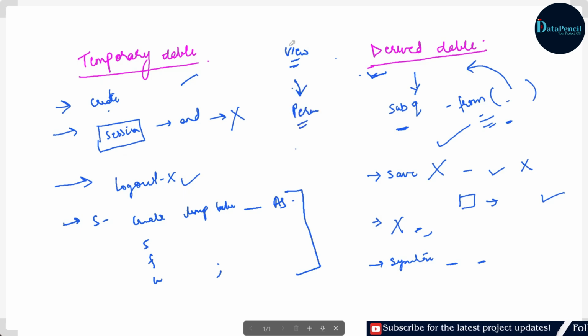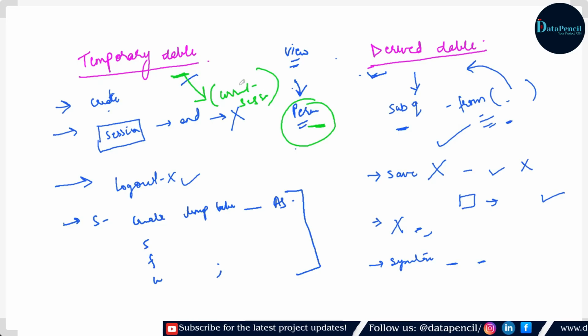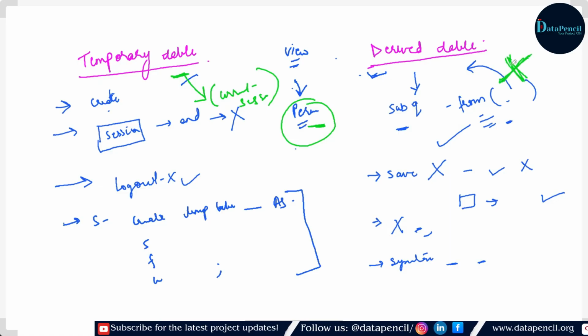In the temporary table, we can store the table for the current session only. And for the derived table there is no storage. We simply use it for that particular query, and that's it.